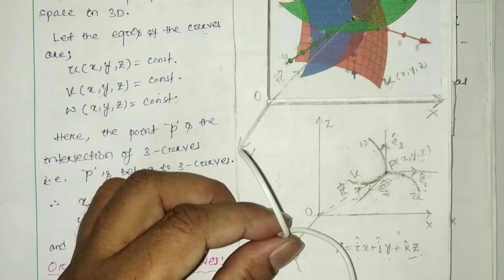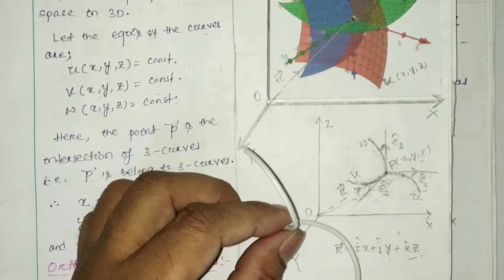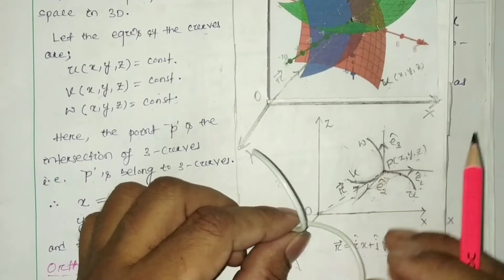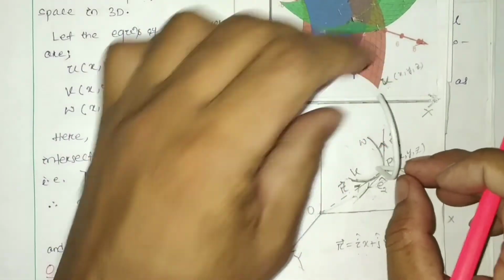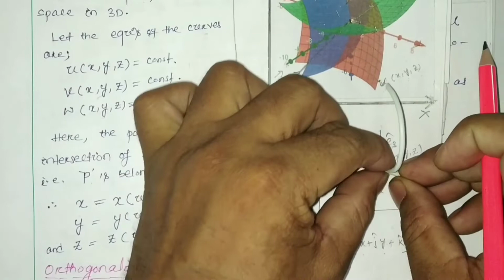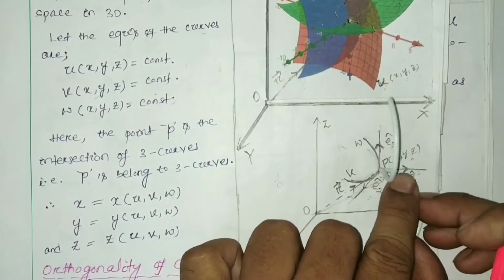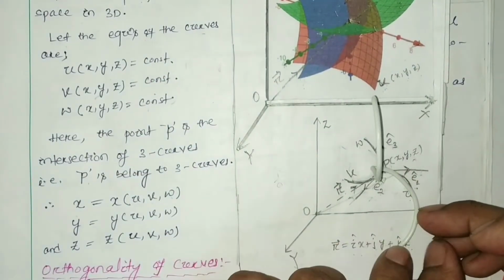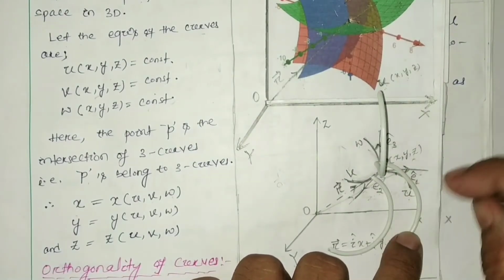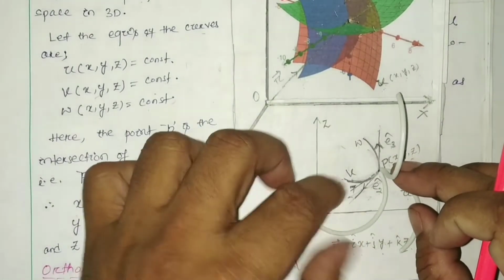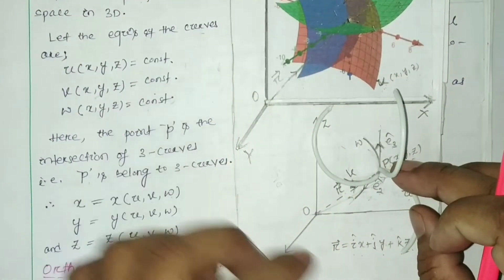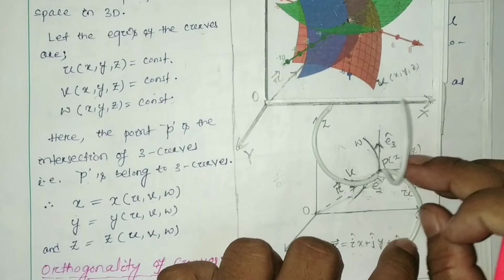Watch carefully. Here three curves are there, U, V and omega. Here two curves I can put like this. This is one curve, this is one curve, this is one curve and this is another curve. Three curves mutually perpendicular.